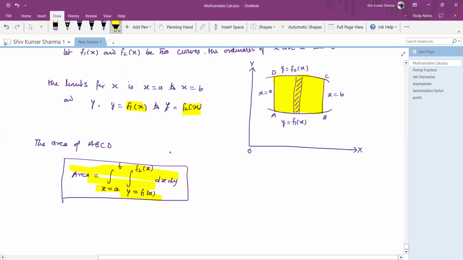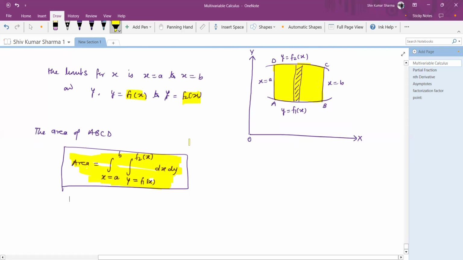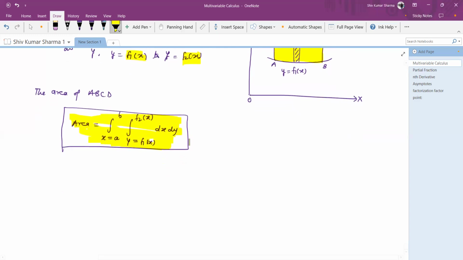So this is the formula for obtaining the area between two curves, or between one line and one curve. So now we take questions related to this so you can understand how to evaluate the area.